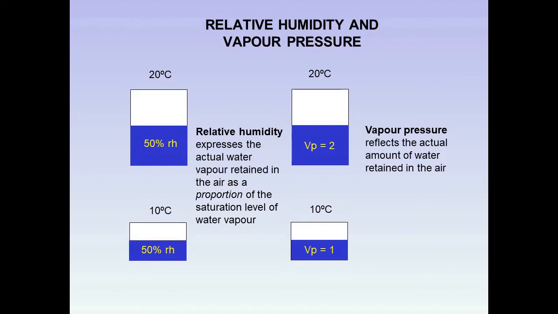With reference to vapor pressure, it doesn't matter how big, for want of another word, the bucket is. Because if you took a 50-gallon bucket and put 1 litre of water in it, you've got 1 litre of water in a 50-gallon bucket. Double the size of the bucket, you've still only got 1 litre of water in it.